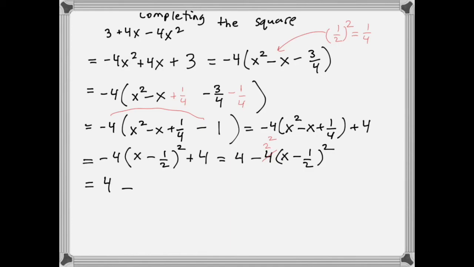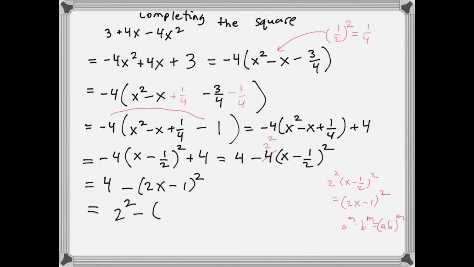If I have 2 squared times (x minus 1/2) squared, this is the same as (2x minus 1) squared. Why is that? Because remember, a to the m times b to the m is (ab) to the m. All I'm doing is multiplying the like bases together. I'm basically trying to write it in a comfortable form here, and so we end up with this. Or if we want to really finish up and write it as nicely as possible, this is how we can write it.